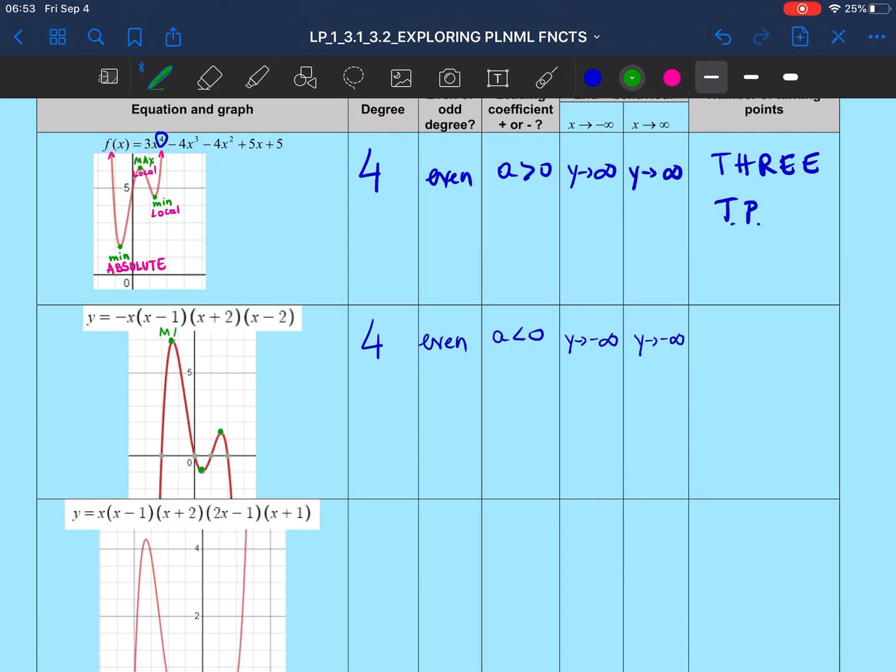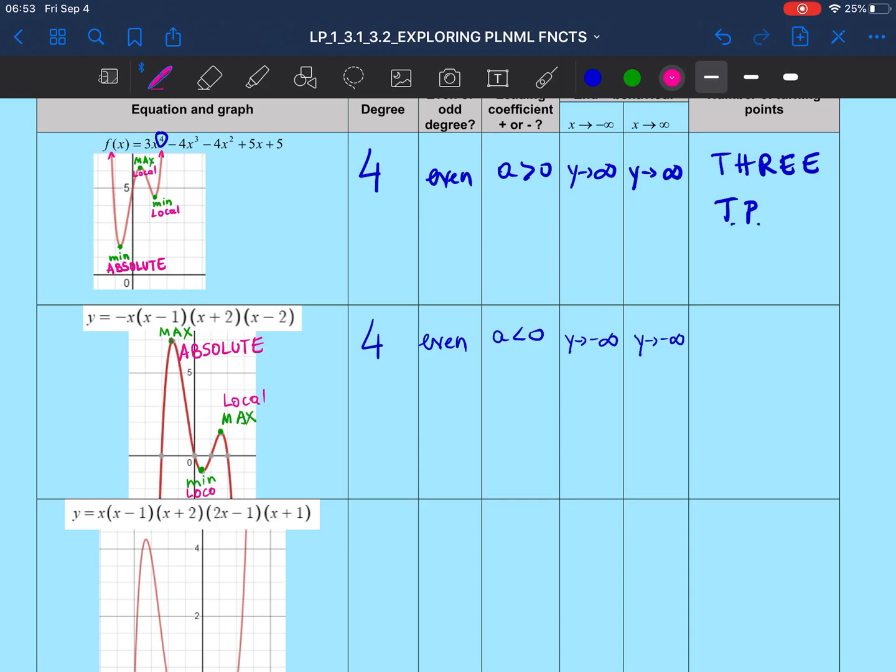Now, this turning point here will mark a maximum. This is a minimum, and this one here is a maximum again. As you see, we have 2 maximum points, but one of them will be the absolute maximum, the one that marks the highest point on the graph, whereas the other one will be called the local maximum.